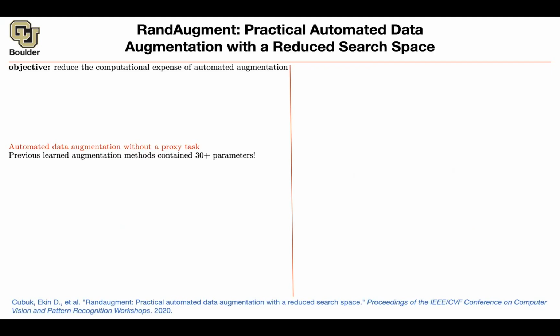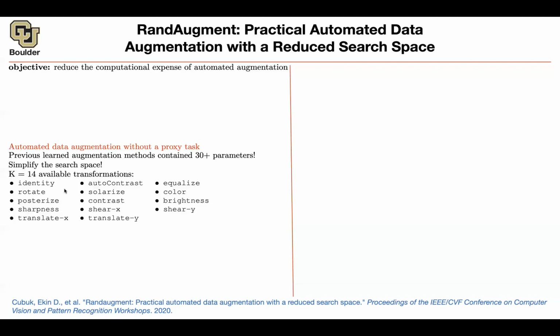And as I mentioned, with something like AutoAugment, you have 30 choices. And that's why you needed to have a recurrent neural network proposing to you what type of augmentation policy to choose. And the idea is that you want to simplify the search space, make it smaller.